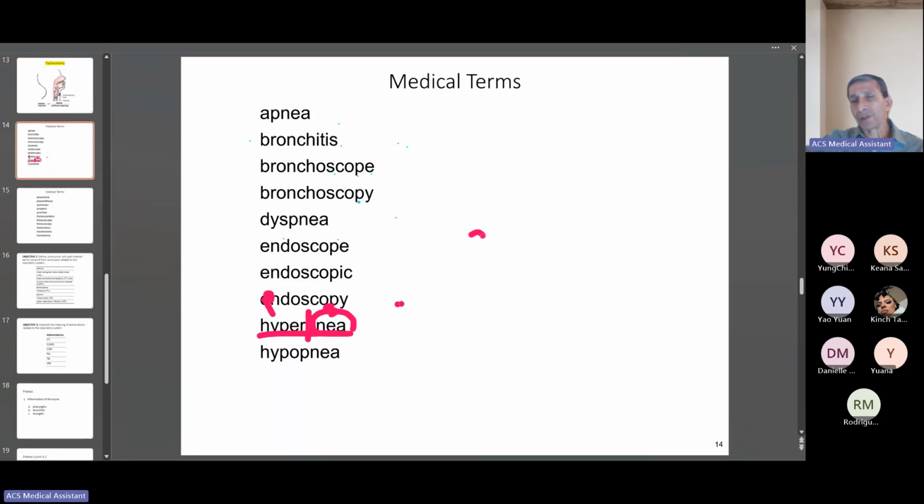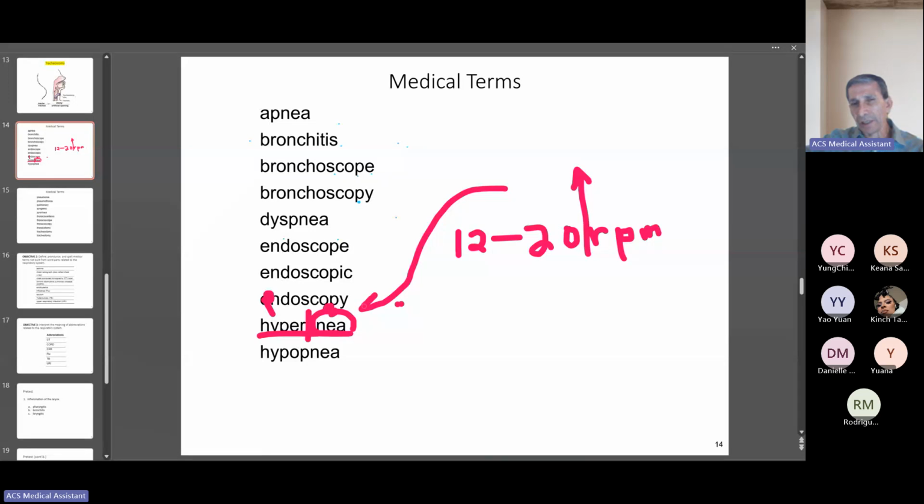Remember that respiration rate goes from 12 to 20 respirations per minute. Now, if this person is breathing more than 20 times per minute, this person has hypernia.